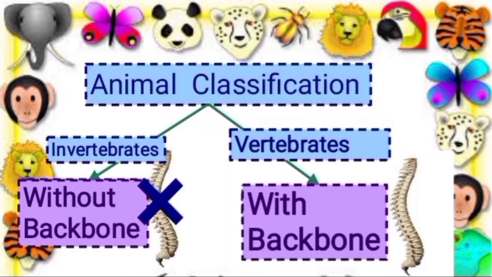Now let's understand animal classification based on the absence or presence of a backbone. Humans like you can move because your body is supported by an internal skeleton which works as a support structure for your body. It gives the body its shape and allows movement.